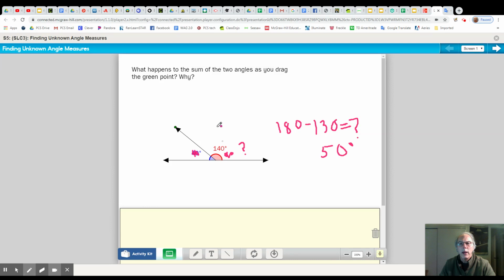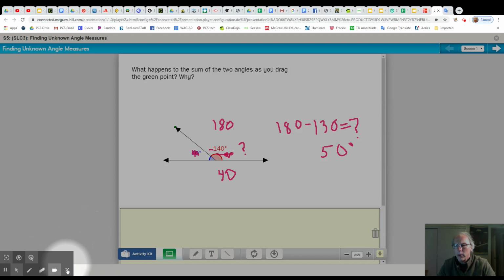Well, 180 minus 140 equals, of course, 40 degrees. Let's take a look at another example. This one will be with a smaller angle, a lesser angle.